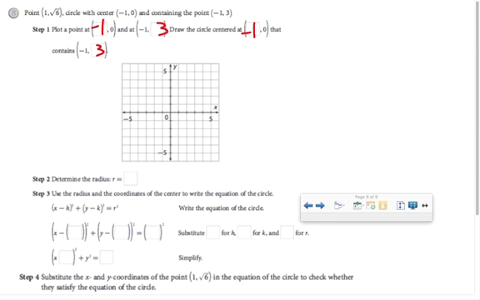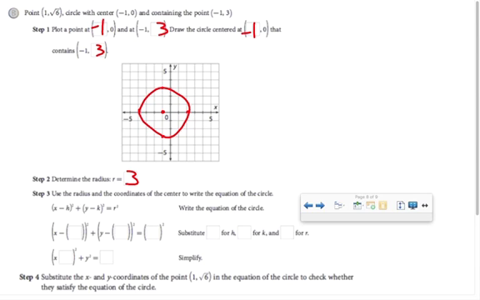So if it is centered at negative 1, 0, which is here, and it contains the point negative 1, 1, 2, 3, which is here, then I know that my radius is 3. So my circle would kind of look like this. The sketch of the diagram isn't what's most important.